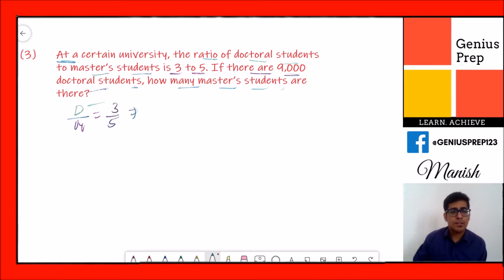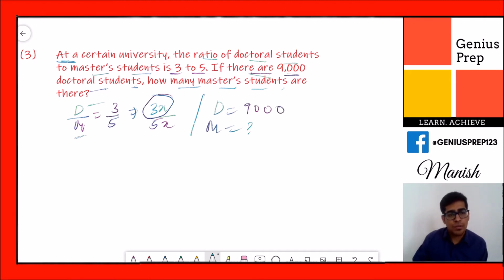We can write this as the total number of doctoral students is 3x and the total number of master students is 5x. This represents the quantity. But the question says there are 9,000 doctoral students, and we need to find out the total number of master students. So here we will use the ratio of this versus this.